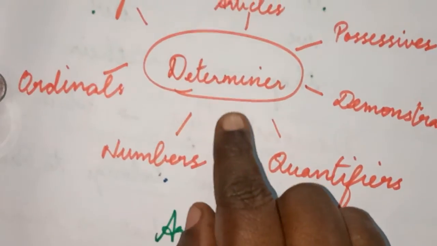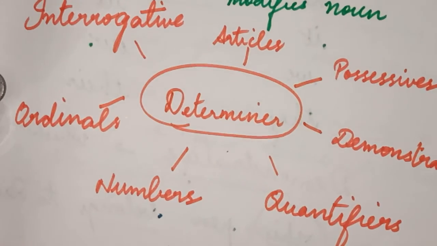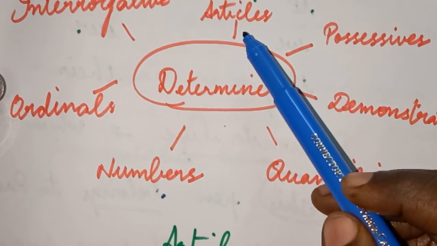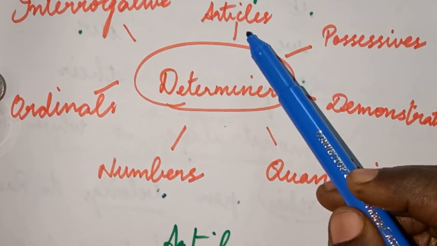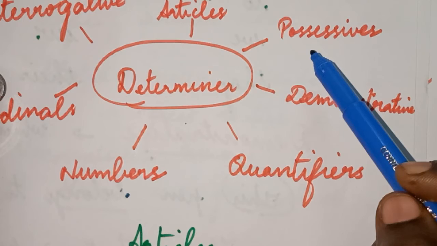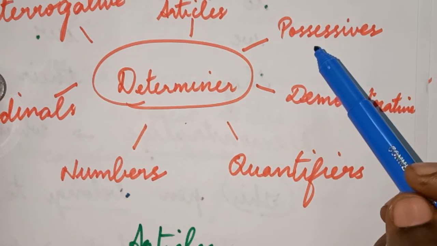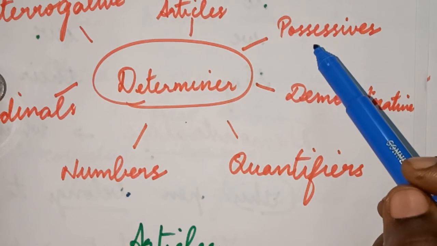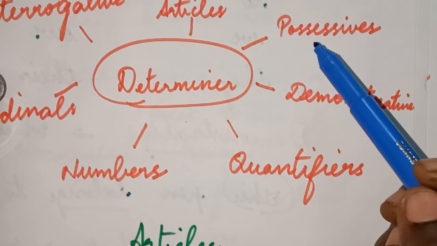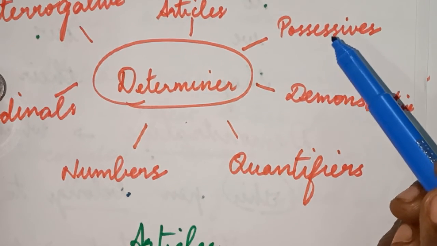So we have seen different types of determiners today. What are the determiners we saw here? Articles, which are a, an and the, wherein a and an are general articles and the is the specific article. Possessives tell about the ownership of something: my, your, his, her, our and their.